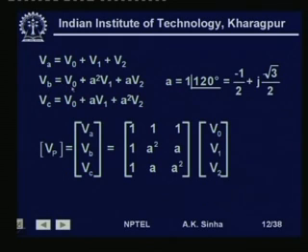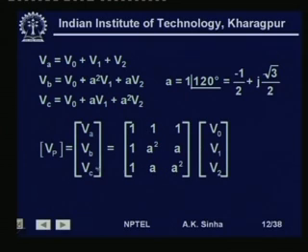Vb is equal to V0 plus A square V1 plus A V2, and Vc is equal to V0 plus A V1 plus A square V2.